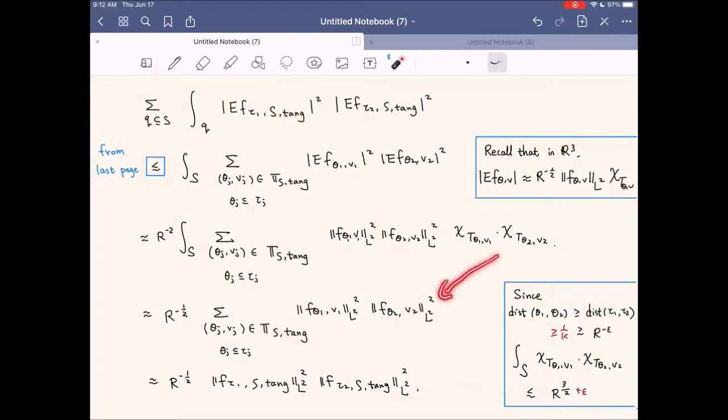We plug in, and then by the L2 orthogonality that we have seen earlier, we have the last inequality.